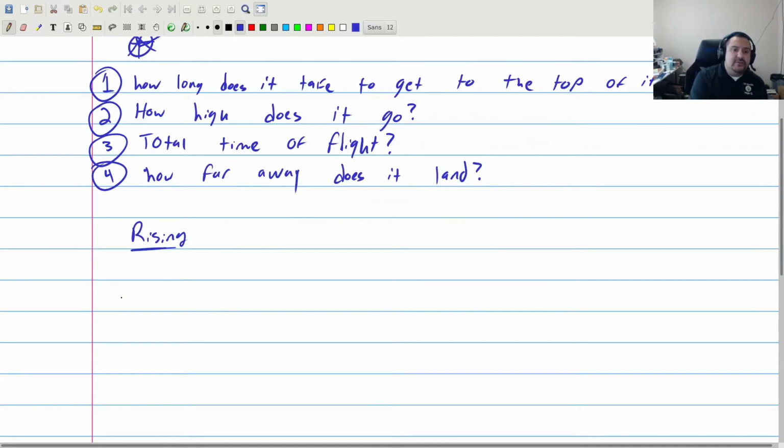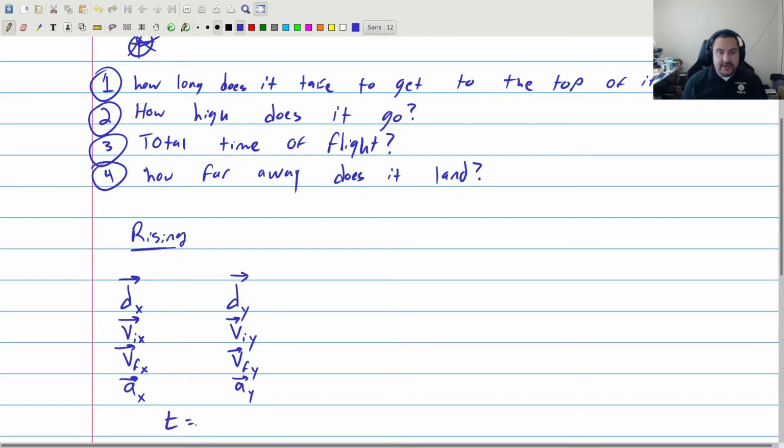So there is going to be a displacement in the x, displacement in the y, V initial x and V initial y, a V final x and a V final y, an a_x and an a_y. And finally, time is the only variable we can use in both of those directions.